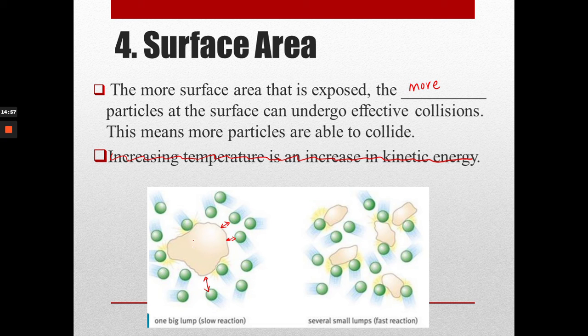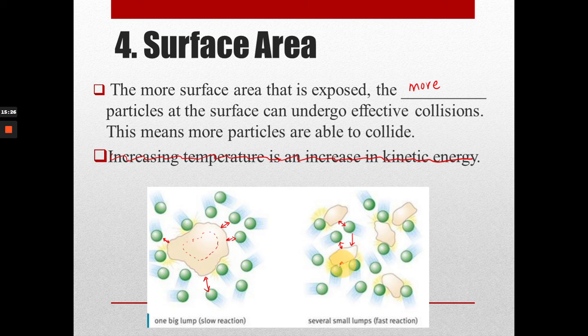So I've got all of this real estate on the inside that cannot even begin to react because it's hidden, it's stuck on the inside. So if I take that big lump of whatever that compound is and I grind it up and turn it into a powder, then I can have that same lump, but now it's got all of this extra surface area.